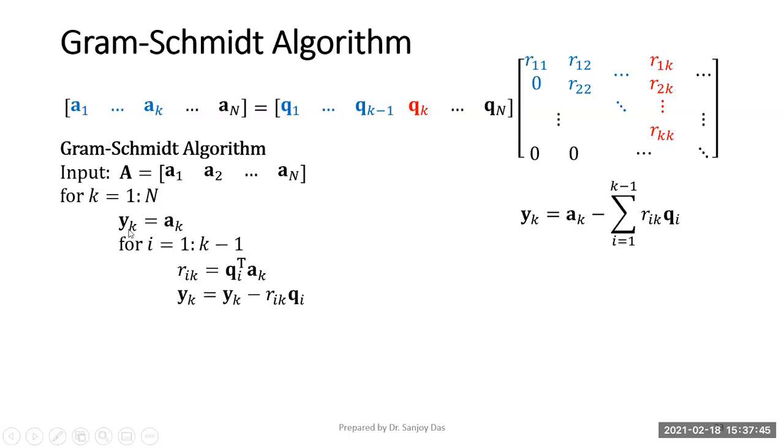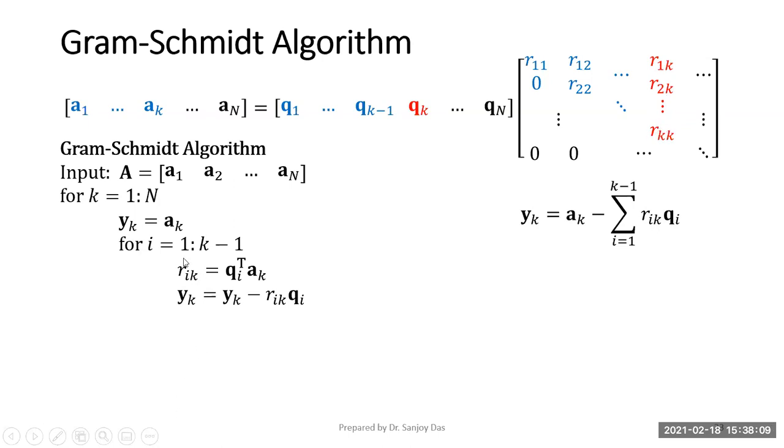Okay, so YK, I started off with AK. After this loop is done, I find all the RIKs here using these expressions until R K minus 1 K, the one just before the diagonal RKK here.